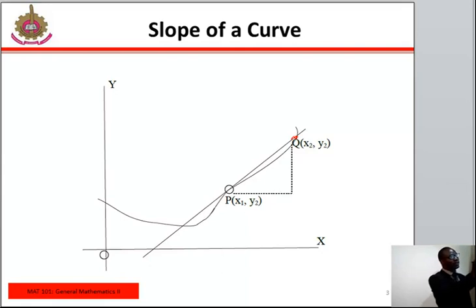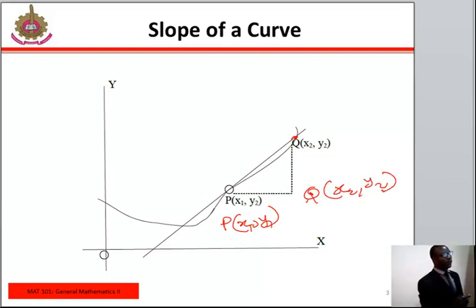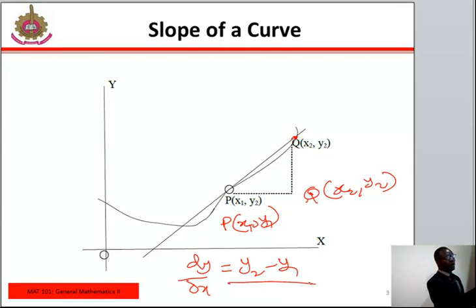Do not forget, P must have x1, y1, and your Q must have x2, y2. Normally, to find the gradient of a straight line, it should be delta y over delta x, which will be what? y2 minus y1 all over x2 minus x1.